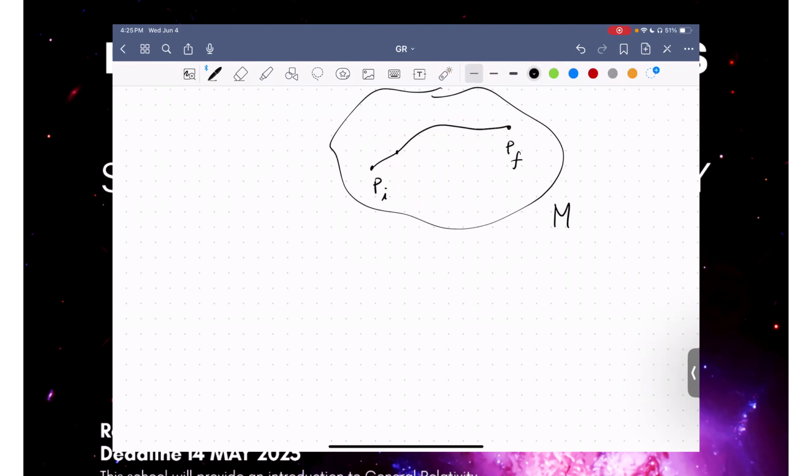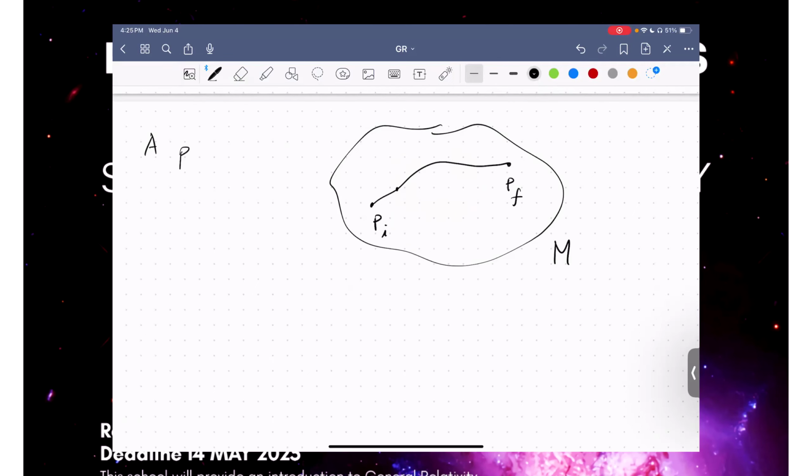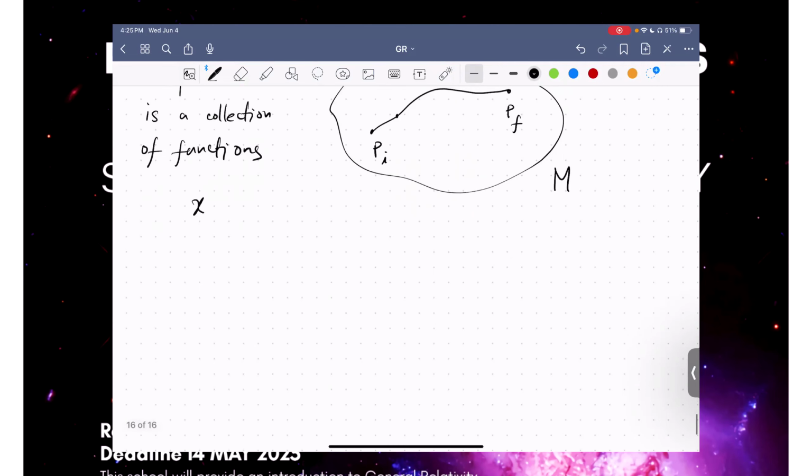Okay, so you can say it as follows: a path in M is a collection of functions x mu, functions of a single parameter lambda. By collection of functions, I mean that each component of the coordinate is a function, right? So you have x1 of lambda, you have x2 of lambda, and in higher dimensional manifolds, you have more.